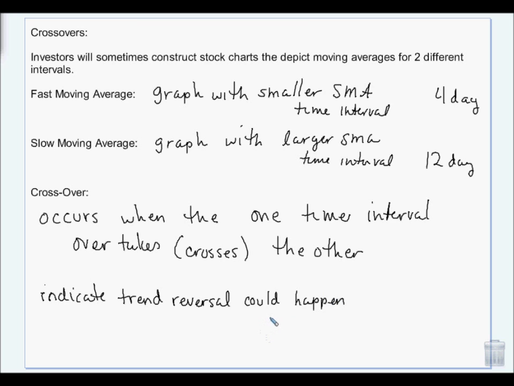So if the fast moving average overtakes the slow, so the fast crosses over and is now above the slow, that's a good time to buy.